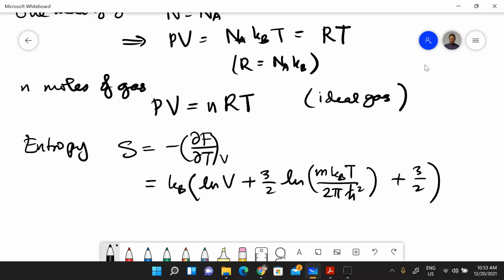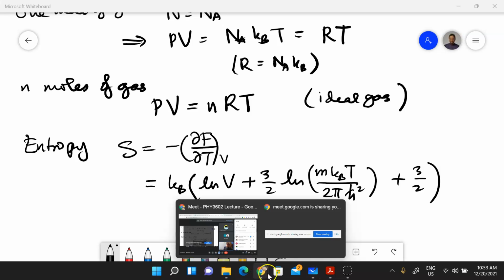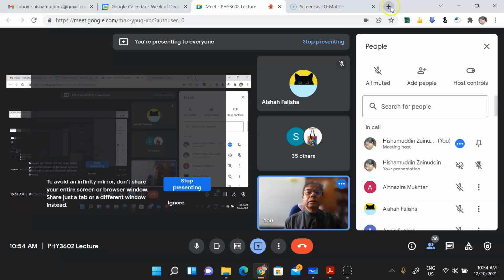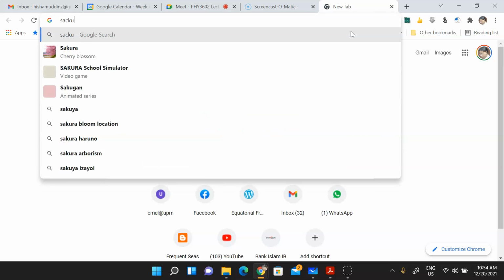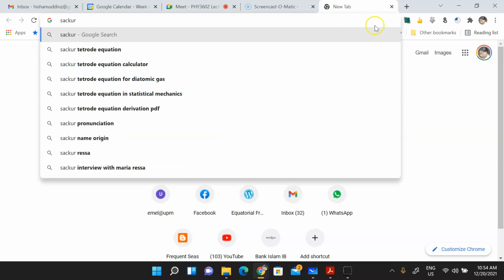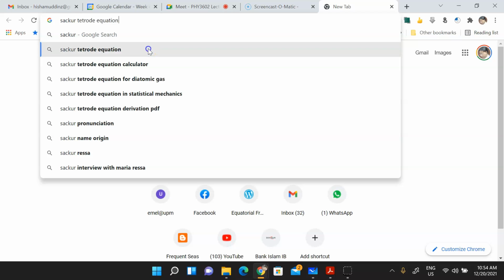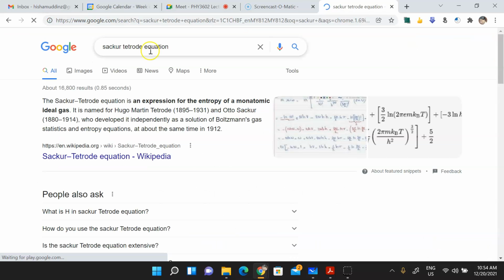If I'm not mistaken, I might be wrong on this, I think there's a name for it. Let me just check. This is called the Sackur-Tetrode equation. Let me check just in case I'm wrong.